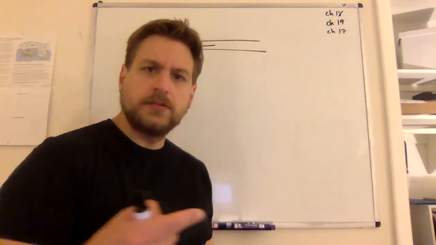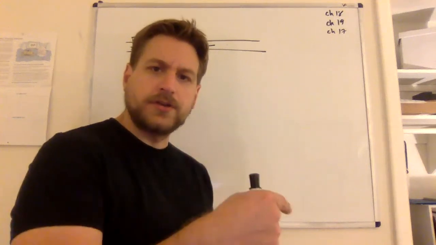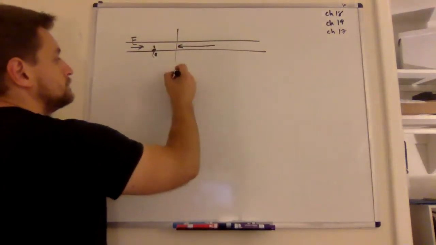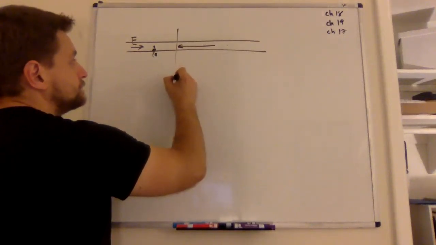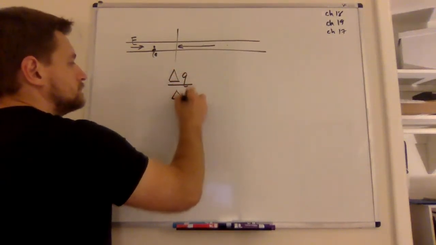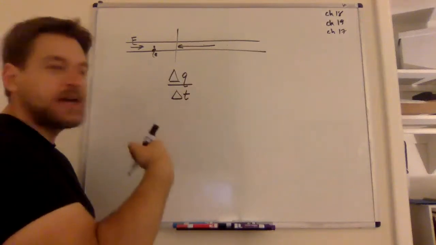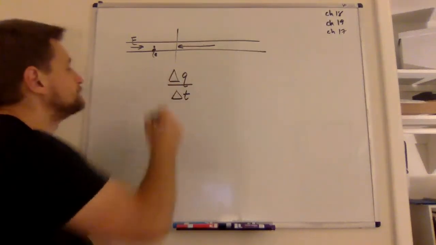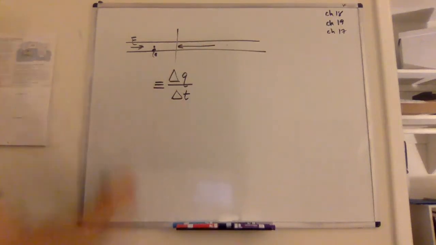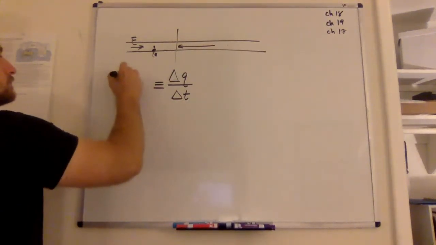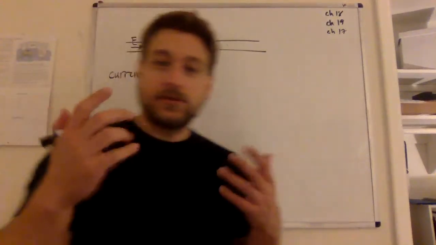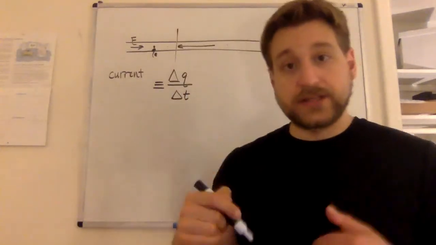The rate at which charge passes this point, how much charge goes by in how much time? I'd like to define that as current, or specifically electric current.